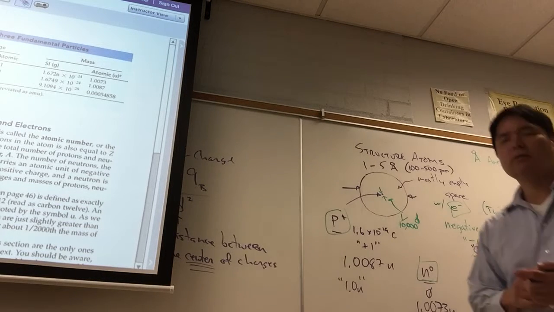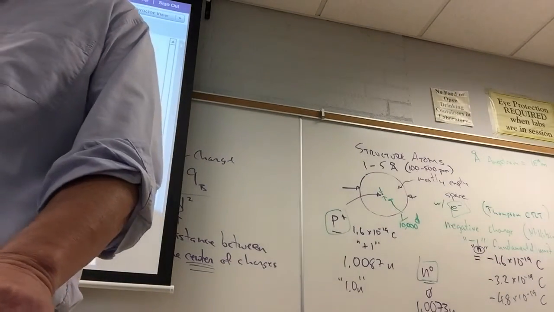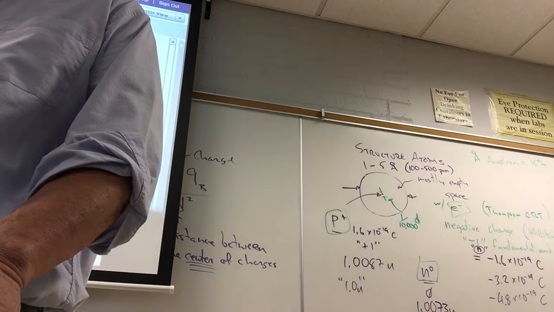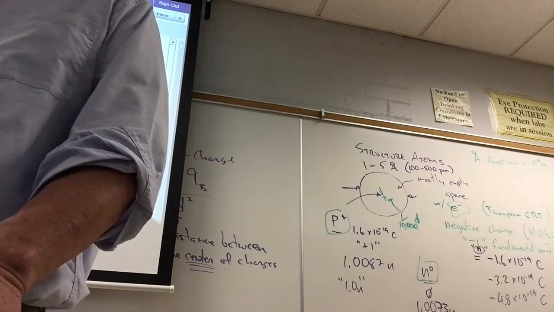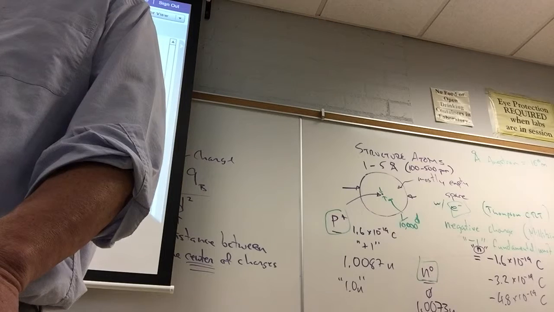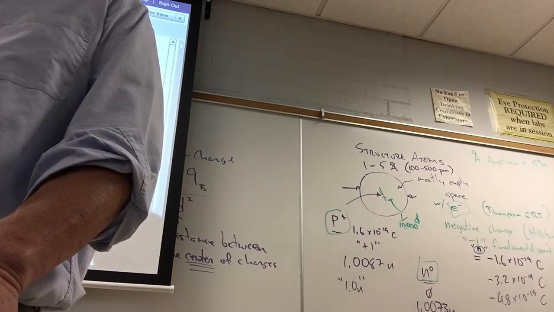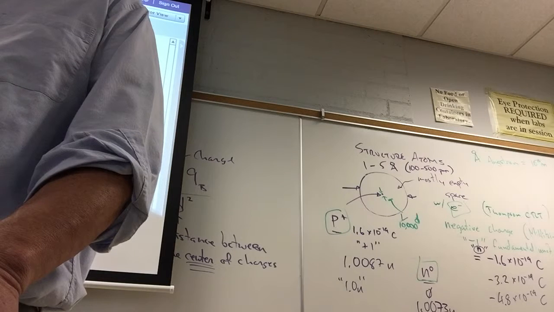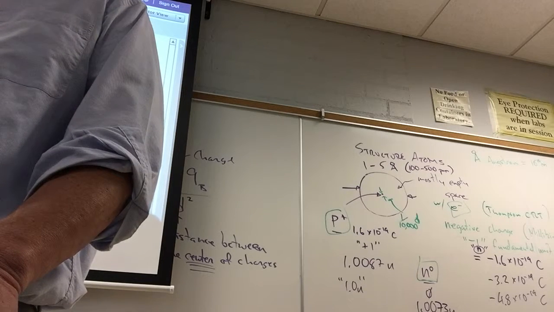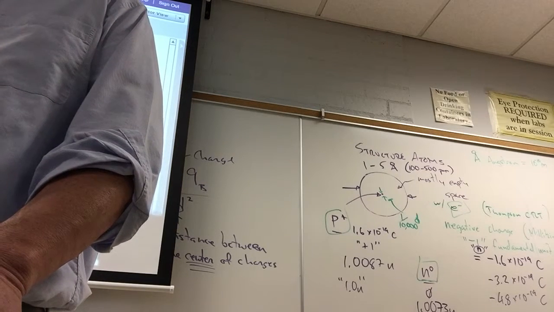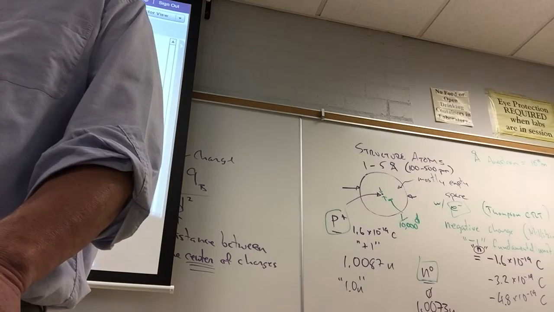Well, I told you, in order to understand a proton's properties, you want to know what the proton is made out of. But there are some physicists who say a proton is made out of something, and they try to break it up into smaller pieces to see what these things are made out of.